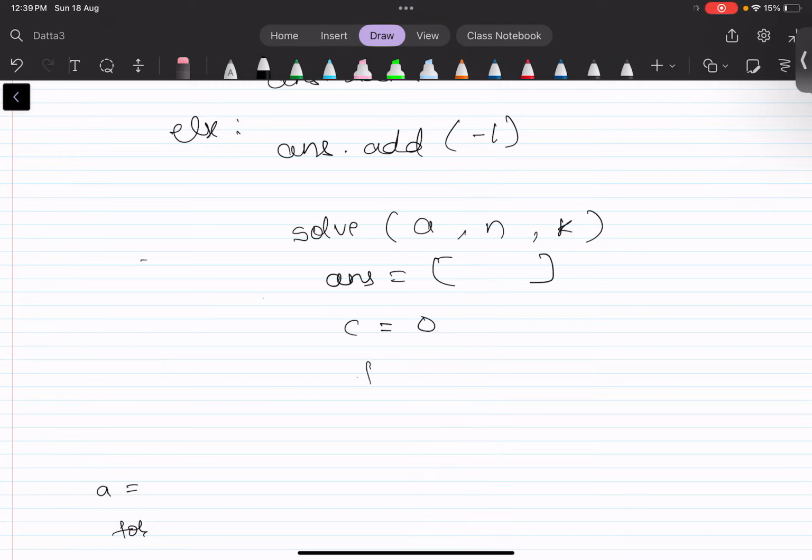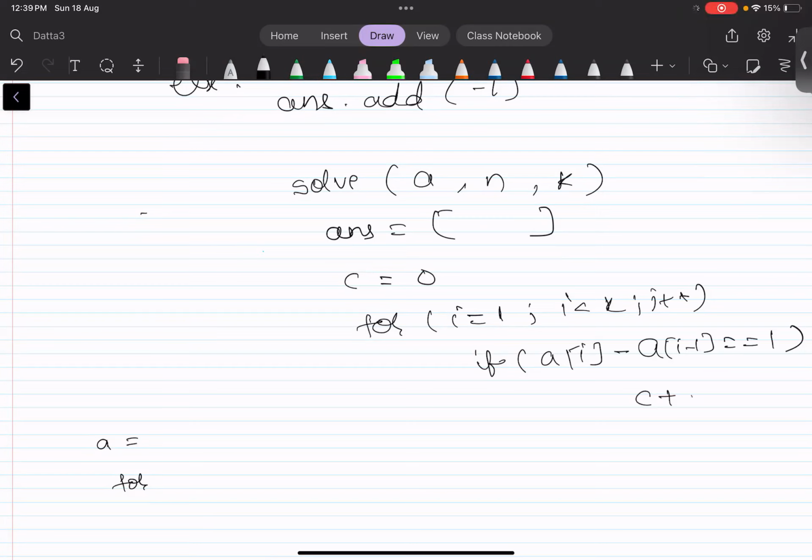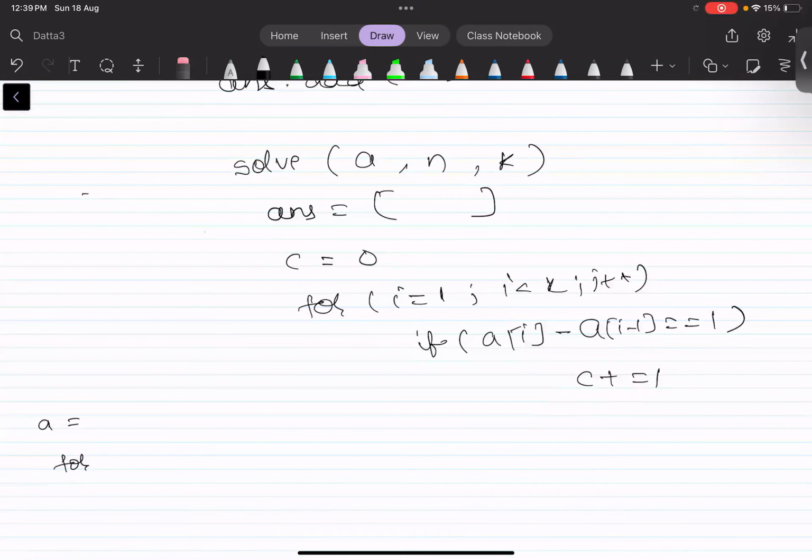Now, I'm going to iterate from i equals 1 to i less than k, and check the first k-size subarray. If a of i minus a of i minus 1 difference is 1, in that case I'm going to increment my C. So I first found the values for the first subarray starting from 1.